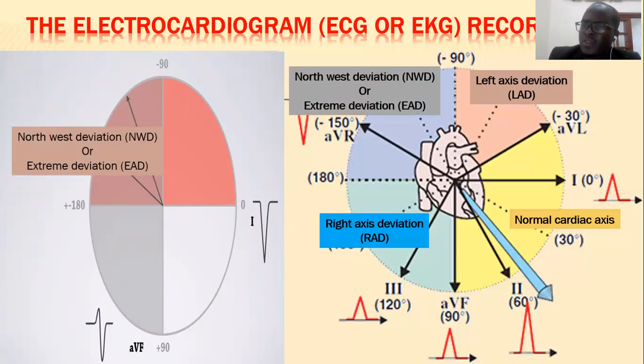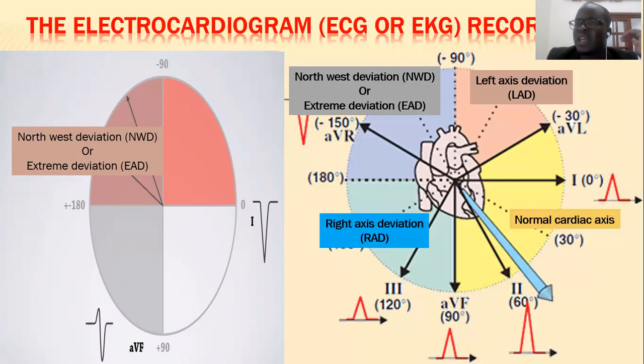If you have hypertrophy of the right ventricle, most likely you're going to find right axis deviation. So this is how you can use the cardiac axis to help you come up with certain diagnoses, especially with regard to hypertrophy. It could be right ventricular hypertrophy or left ventricular hypertrophy.